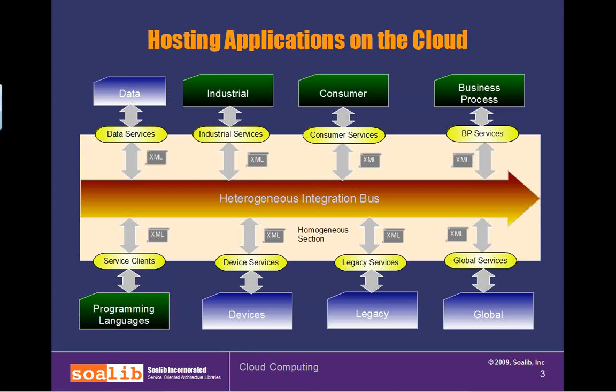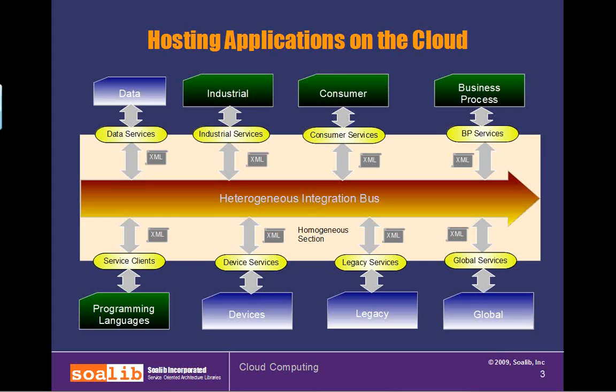This shows an application platform on the cloud. Consider that the background is the cloud and there are services being offered like data services, industrial services, consumer services, business process, programming languages, device services like mobile phone, legacy application, global services.